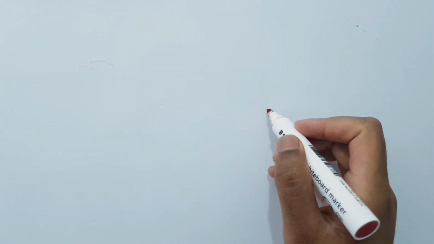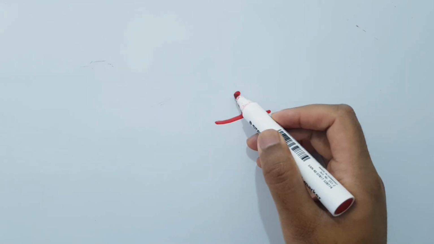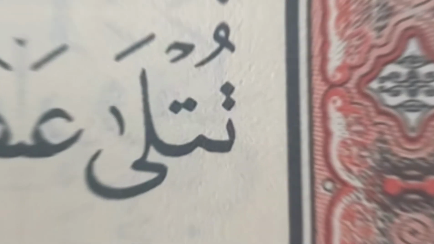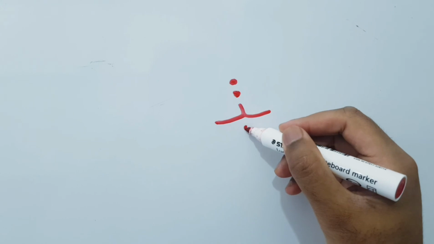On a final note, sometimes the dots for ta and tha, instead of being written side by side, they might be written on top of one another. So this is ta. And sometimes ya is written like this.